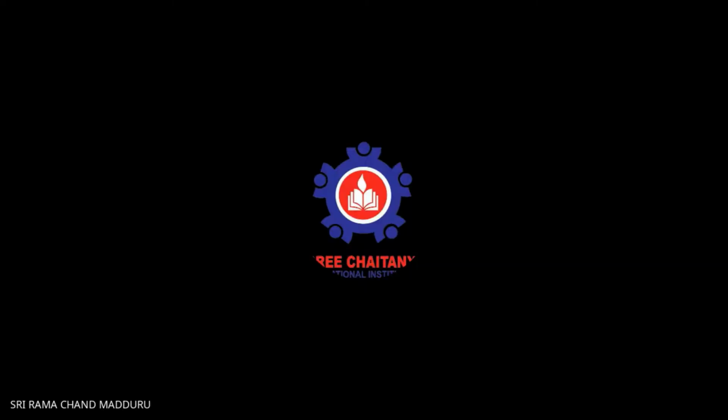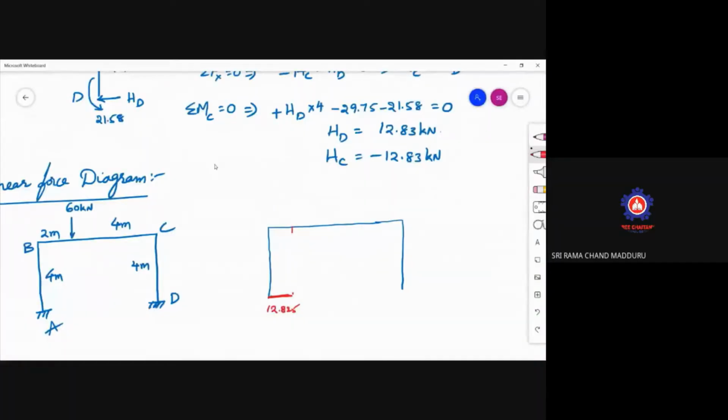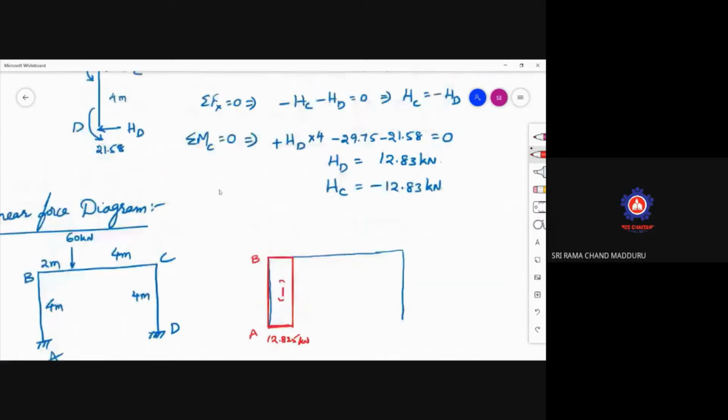There is no loading, hence it is constant, negative 12.825 kilonewtons. This is for A, this is for B.